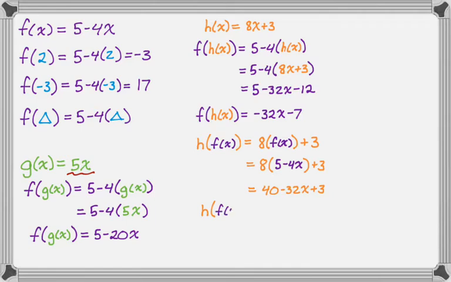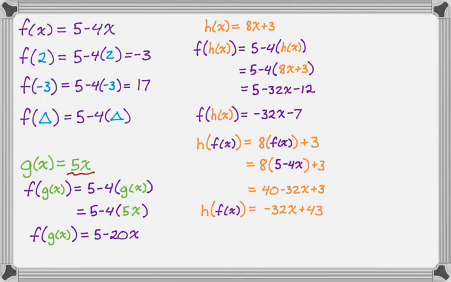Simplify that. So h of f of x is negative 32x plus 43. One thing you might notice is f of h of x and h of f of x are not the same thing. It's the same idea, same process, but they don't always give you the same value. Sometimes they do, and then there's a special relationship, but that's not the point of this video.